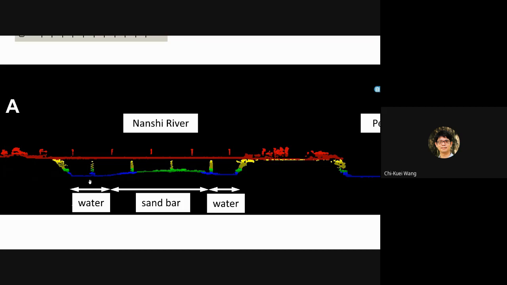Even though this is in the same channel, in the same river, this side of water is higher than this side of water. So this can be measured from the airborne LiDAR.